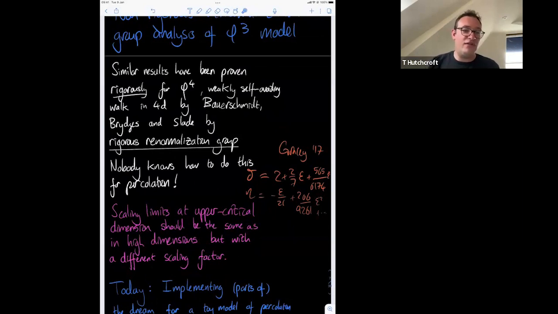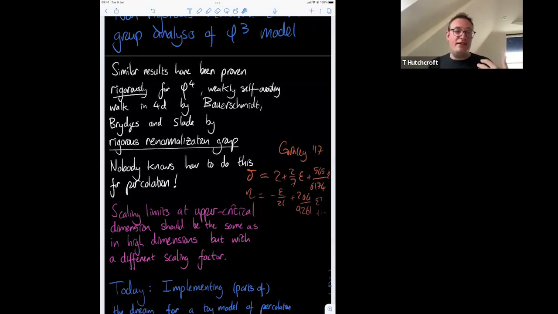If we're doing things non-rigorously, we can understand exactly what's going on. And so they say, well, maybe instead of trying to understand 3 dimensions, let's try and understand 6 minus epsilon dimensions. This is all very much non-rigorous, although it has been made rigorous for some other things. For example, Gordon Slade has done some rigorous work on this for what's called the spin-O(N) model.